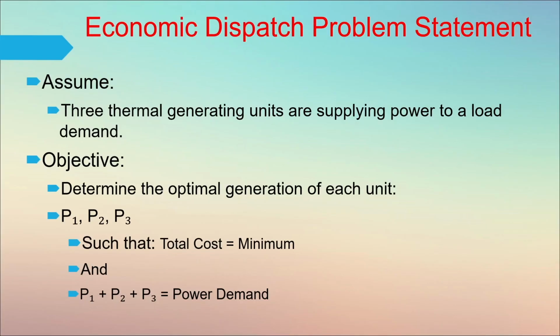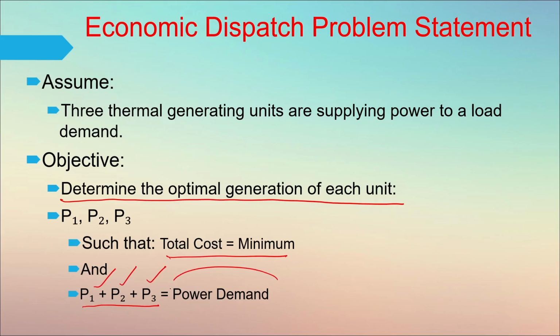Our objective is to determine the optimal generation of each unit such that the total cost is minimum and the total power generated by P1, P2 and P3 satisfies the power demand. So, this is the problem statement that we can understand from the problem of economic dispatch.